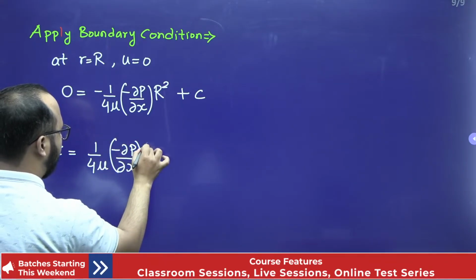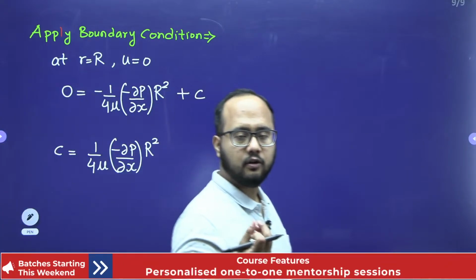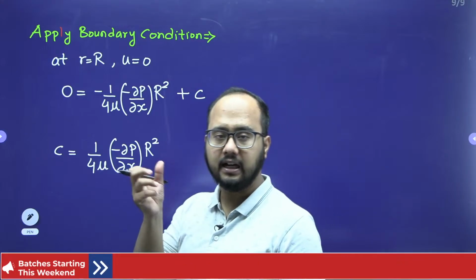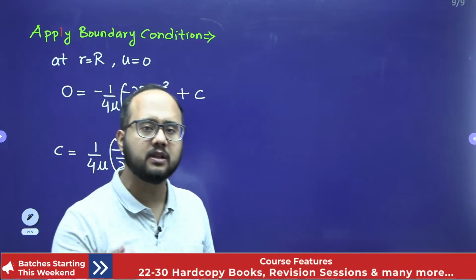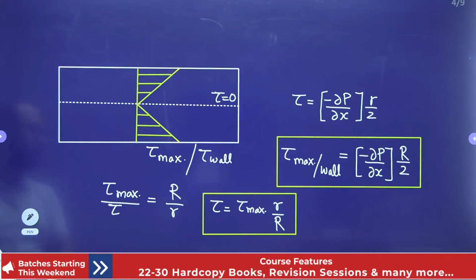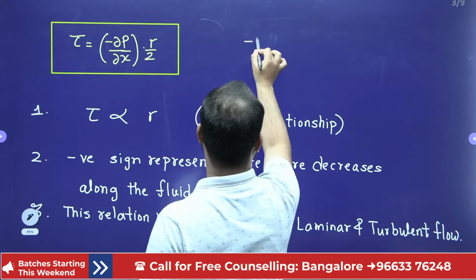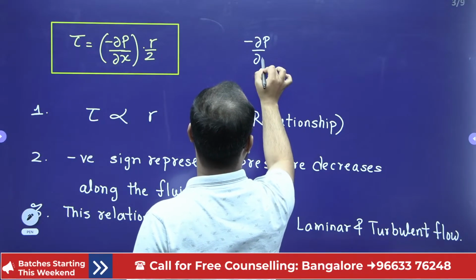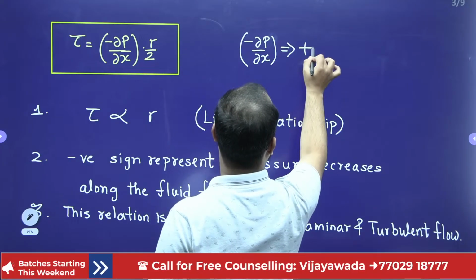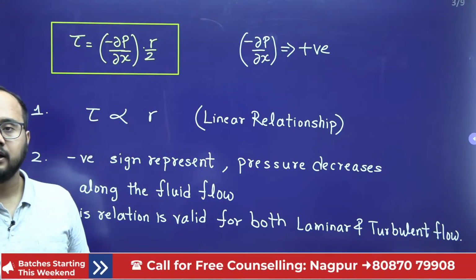A very important point: you might be thinking, sir, why have you attached the negative sign with dou p by dou x? Because the dou p by dou x value is negative, and if I attach a negative sign with that, it becomes positive. So you should understand this point here itself: minus dou p by dou x is positive, because the pressure gradient is negative.